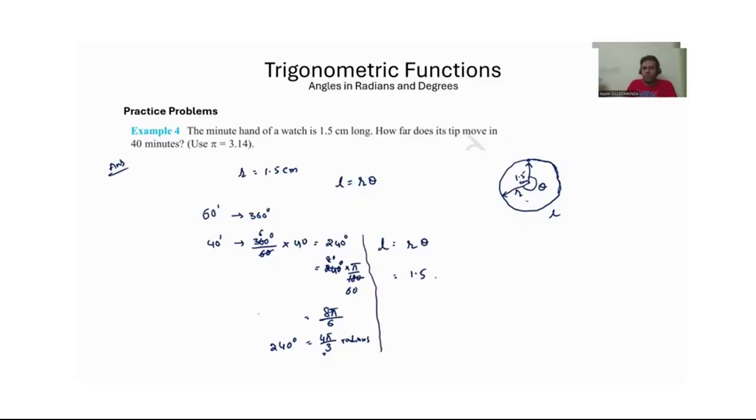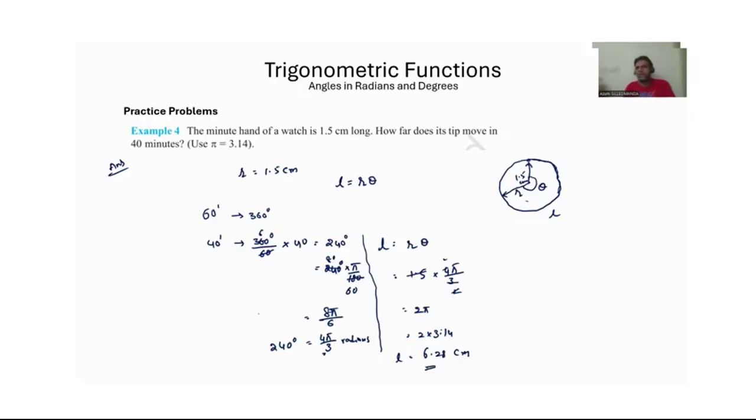So R is 1.5 centimeters into this many radians, 4 pi by 3. That is 1.5 times 4 by 3, basically it is 2 pi. So 2 into 3.14, that is about 6.28 centimeters. That is the length of the arc.